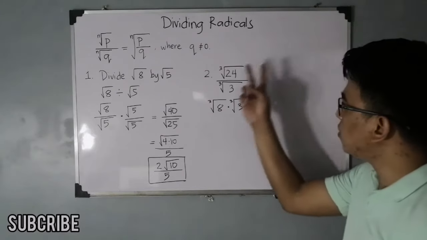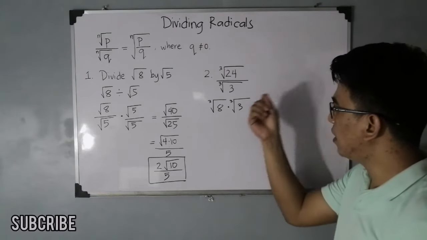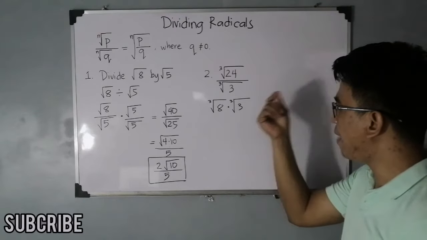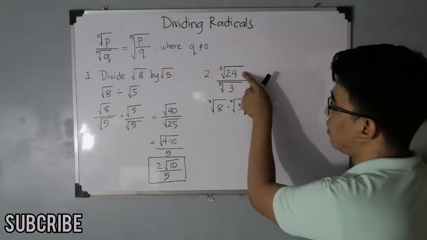Again, yung cube root of 24 natin can be factored out as the cube root of 8 times the cube root of 3. Kasi pag minultiply mo sila, 8 times 3, this will give you 24, right?